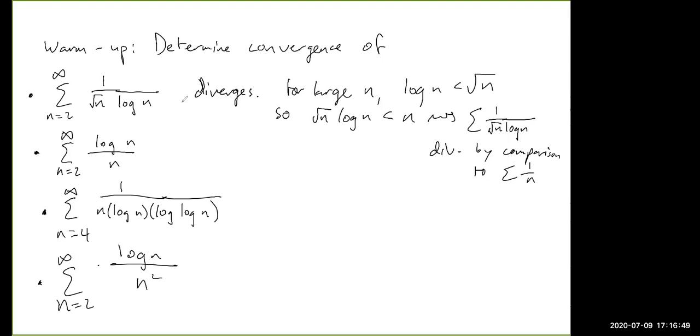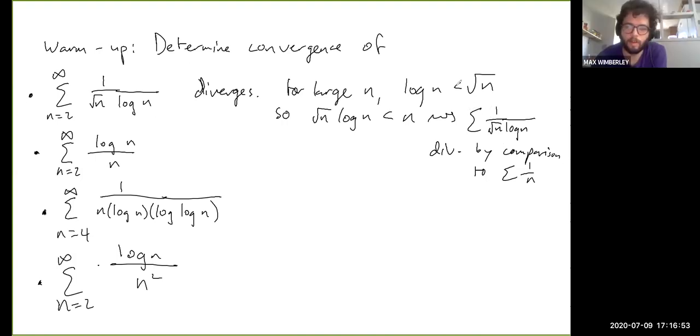Okay, great. I want to talk about this a little more in a second. There's a thing that I like to call the growth hierarchy of functions. If you know the growth hierarchy, then it's easy to deal with a lot of different functions that way. So you can use it to do stuff with the comparison test.